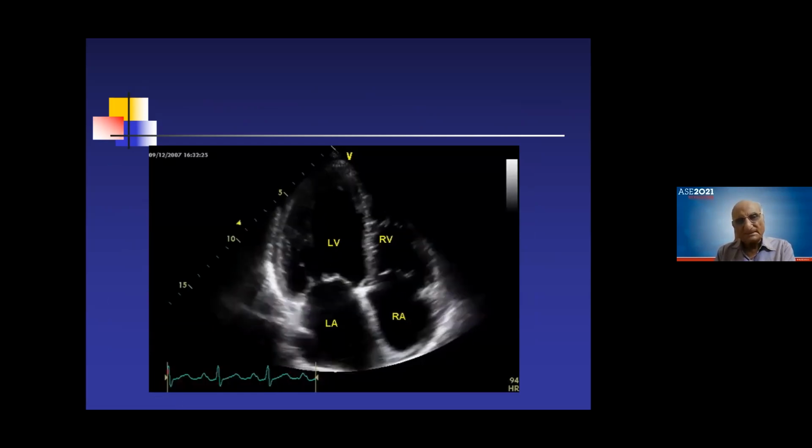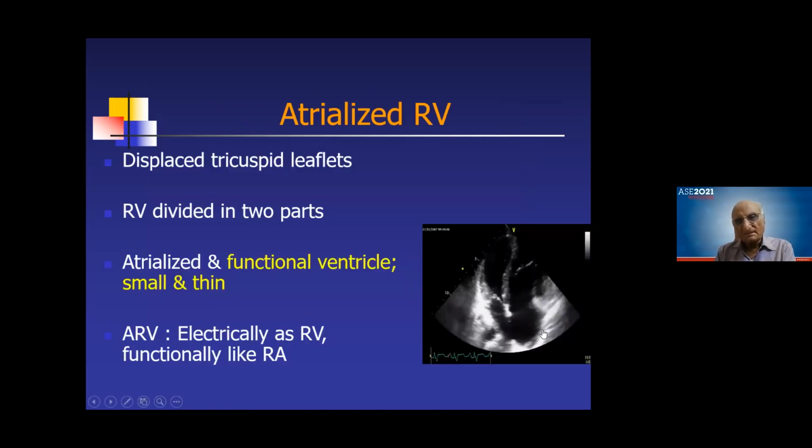But what happens here? You see, the tricuspid is arising from there. So this is also a part of the right atrium. So this is known as an atrialized right ventricle.